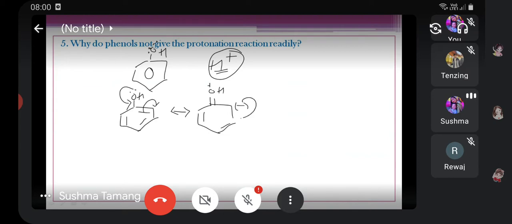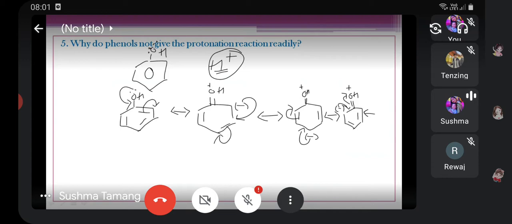So again this one will come here, this one will go here, so के हुन्छ then double bond, then यहाँ negative charge, double bond and O with positive charge. Again यो यहाँ आउँछ, यो यहाँ आउँछ, so you'll get negative charge here, double bond. Your resonating structure is very important भयो. Again this one will come here, this one will go up, and you'll get phenol हैन, OH.